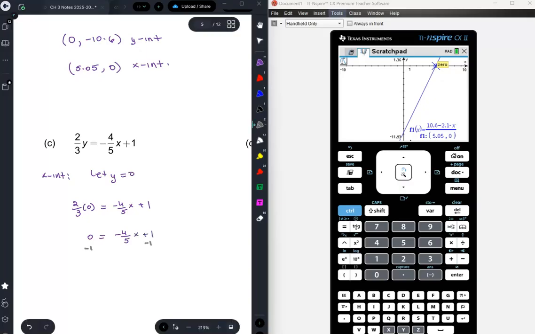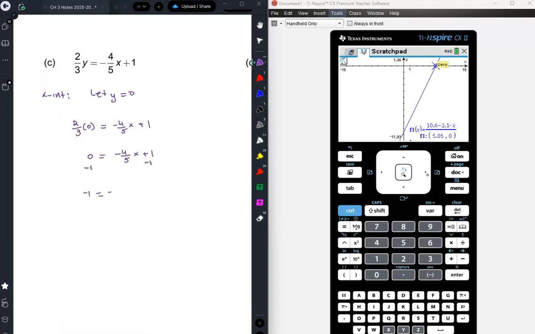Let's do -1. -1 is -4 over 5x. And what do we do when we have x multiplied by a fraction? Multiply by the reciprocal. So 5 over 4 is equal to x. That means my x-intercept is 5 over 4, 0. And you can go ahead and do the y-intercept.